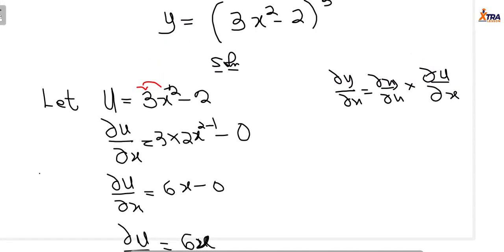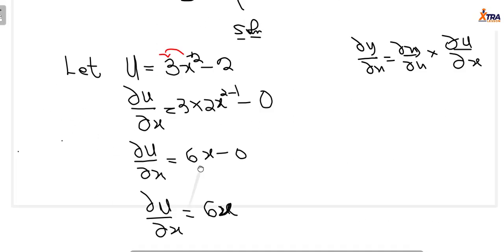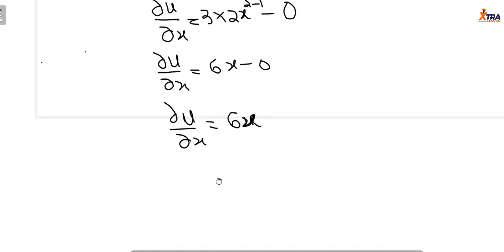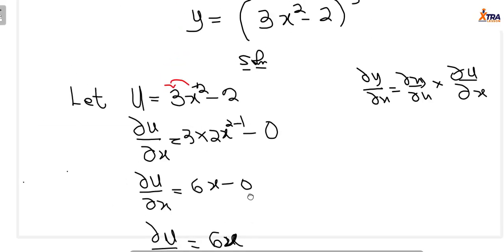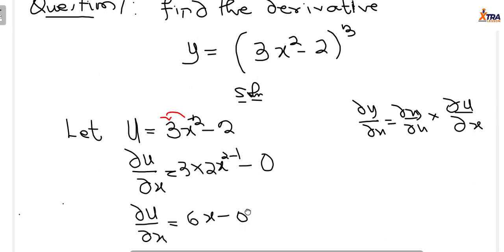Now the next thing is just for us to get dy over du. So I'll now go back to my question, which is y equals, we represent 3x² − 2 by u. So let u equal 3x² − 2.